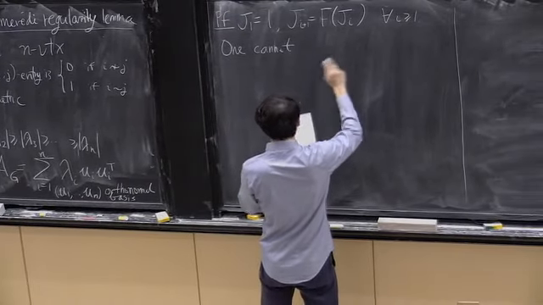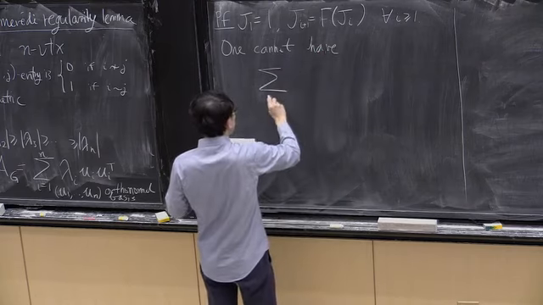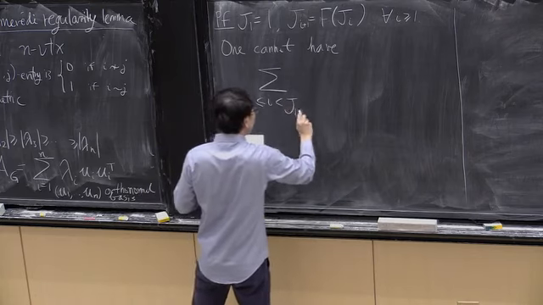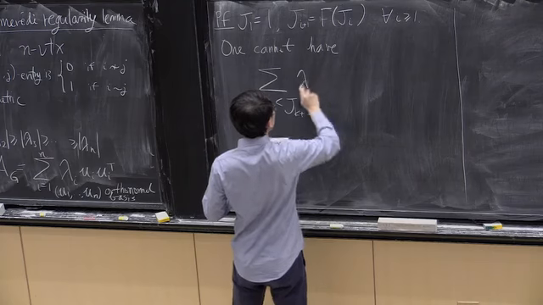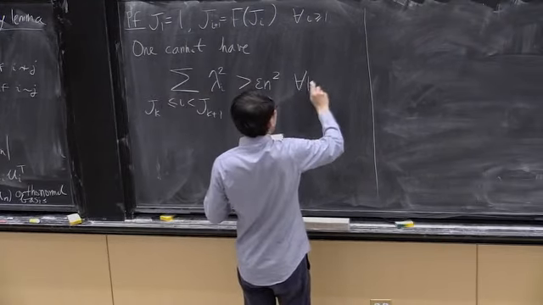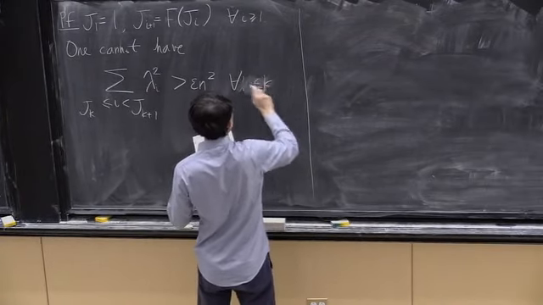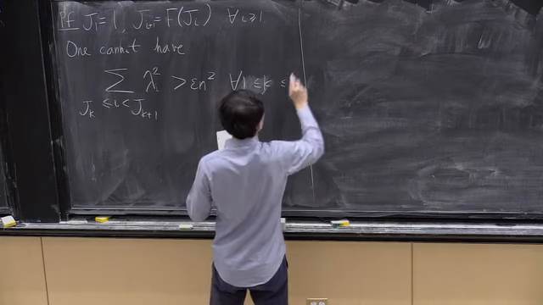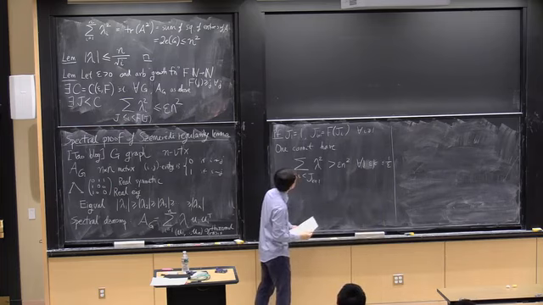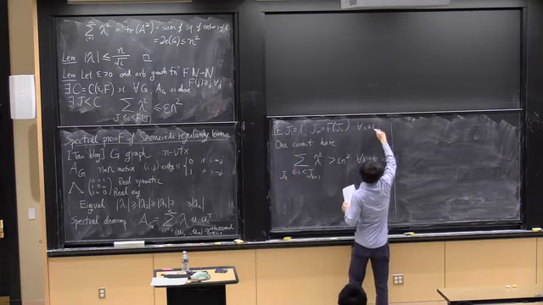So one cannot have the sum going between j_k and j_{k+1} exceed epsilon n squared for all k from 1 to 1 over epsilon.